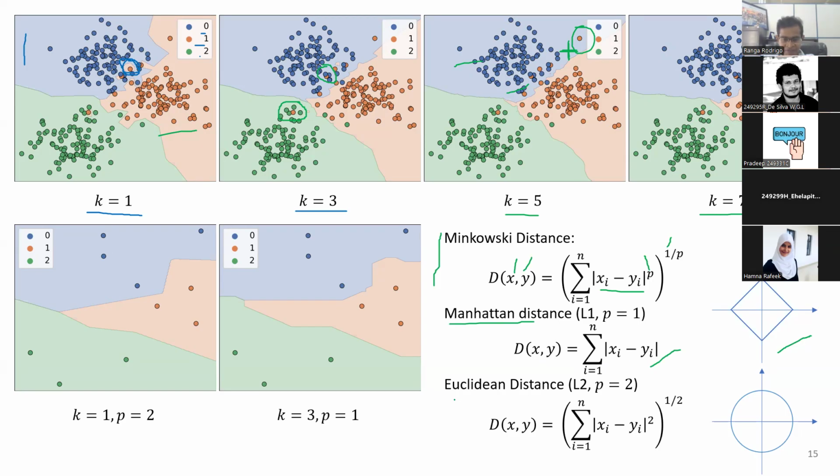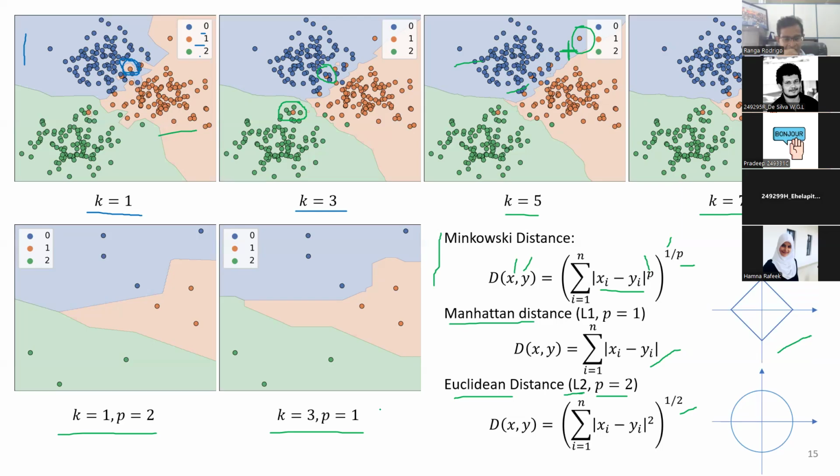Then you have the famous Euclidean distance. We call it L2 or p equals 2 in this one. Then you can see x_i minus y_i squared, because it is Euclidean, and you have to get the square root of the whole thing. The distance grows as circles in this case. So I have shown two examples, k equals 1 and k equals 3, p equals 2 and p equals 1.